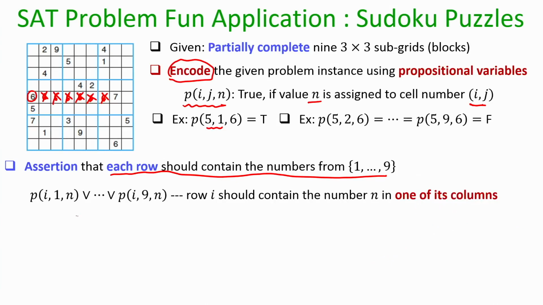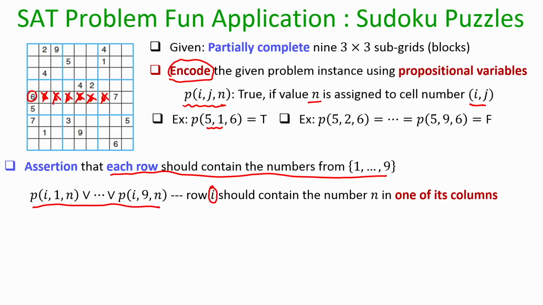So, my claim here is that this expression, namely this disjunction of 9 variables, the variables are here p i 1 n, p i 2 n up to p i 9 n. I am focusing on row number i here, where i of course ranges from 1 to 9 because I have 9 rows here.